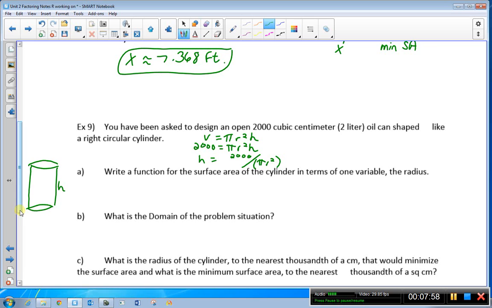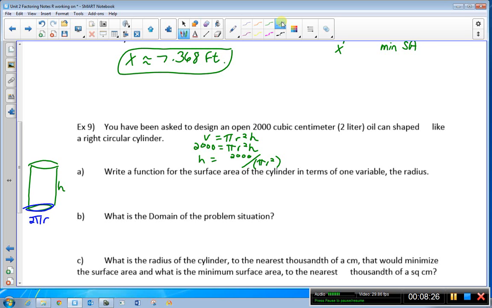I need to use the circumference to unravel, so I need 2 pi r for the surface area. If you think about a cylinder and you unravel it, it's really just a rectangle.